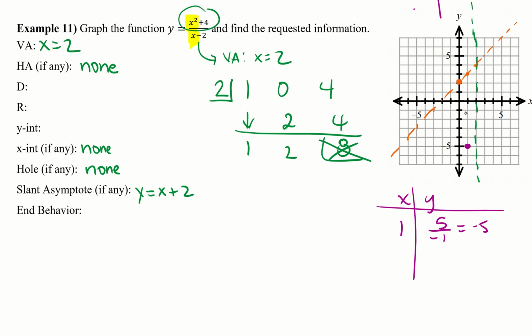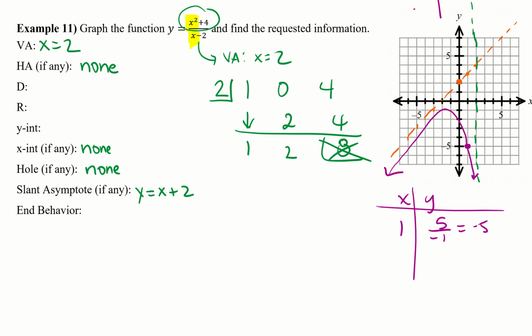I don't know exactly where that mountaintop is here, but in order to fit this, it's going to be something like this. I would need to use either a calculator or maybe some calculus that you guys haven't learned yet to find out exactly where that mountaintop is on this part. And so we will use a calculator in a minute to figure that out. That's going to be helpful as we do our domain and range.